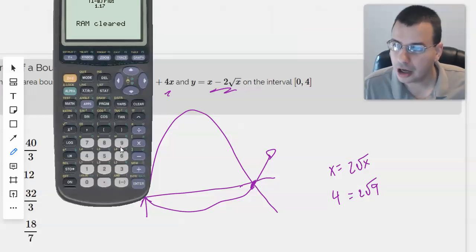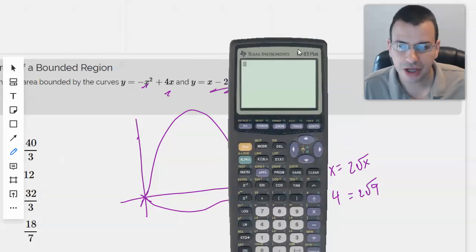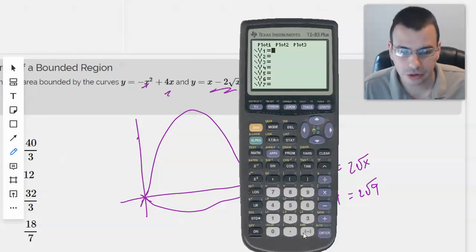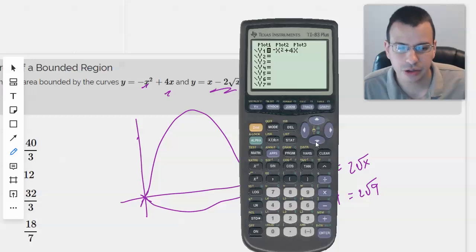Clear, move down slightly. Y equals negative x squared plus 4x. Okay.